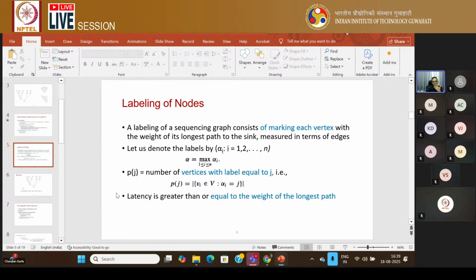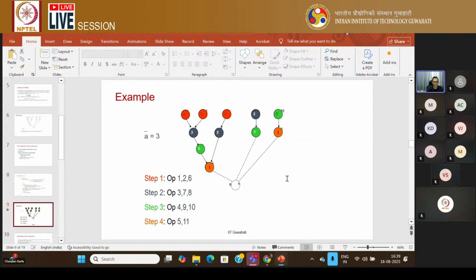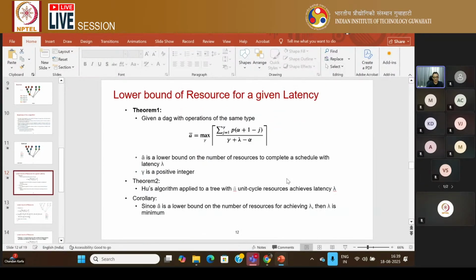This way you can identify. For example, there are three nodes that have level 1, so that is 3. You can calculate this P value, and when you put it in this formula, you get the value. You know P, and gamma is basically the latency, 1 to 4 or whatever is given, and you get the value. That's a very easy question.